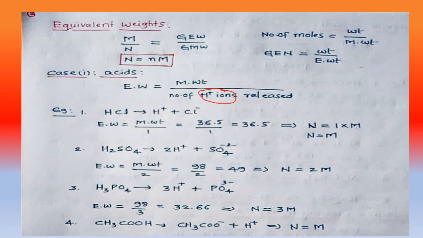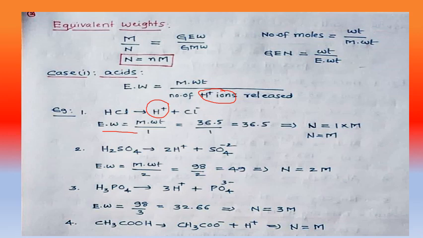First example, HCl. After dissociation we will get H plus and Cl minus. How many hydrogens are released? 1. So equivalent weight equals molecular weight by 1. Molecular weight of HCl is 36.5. This will be given to you.